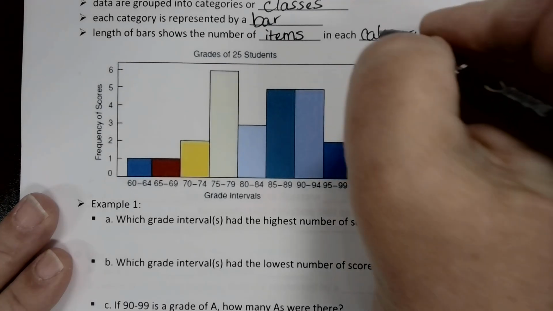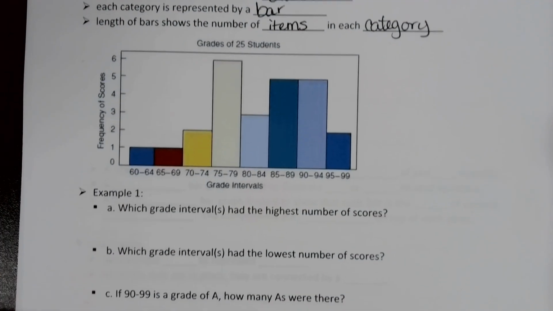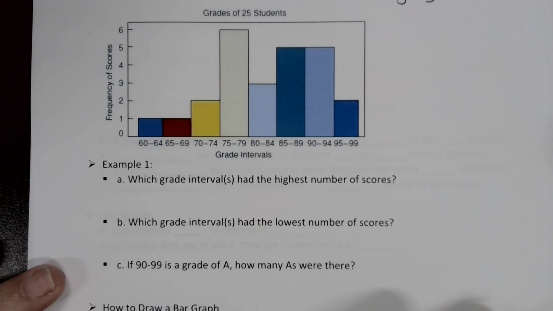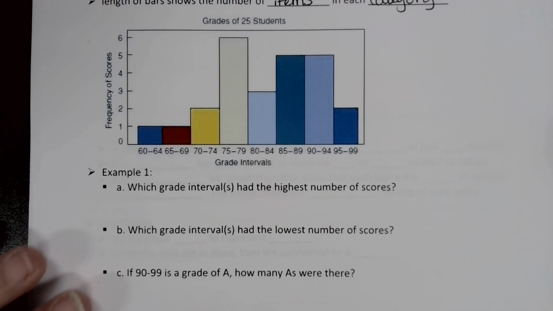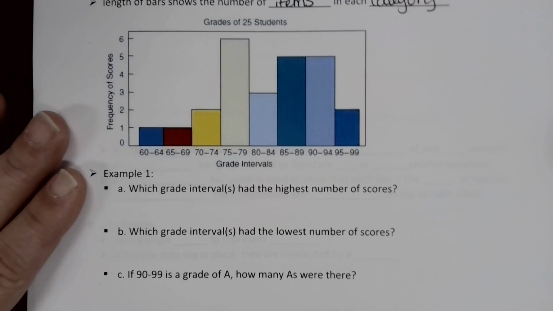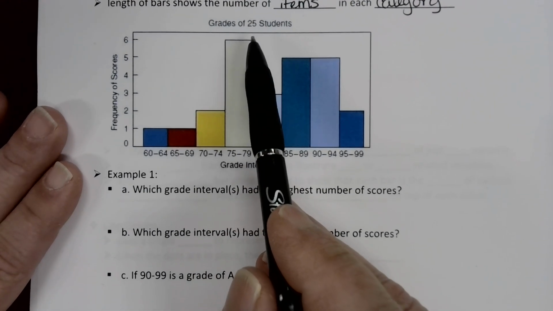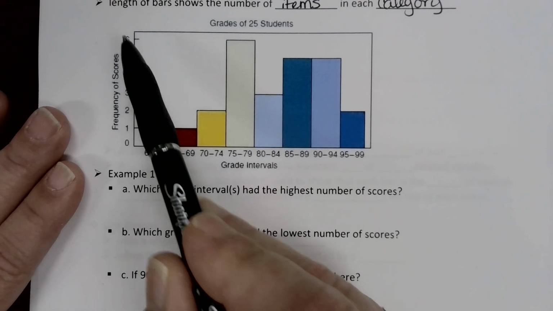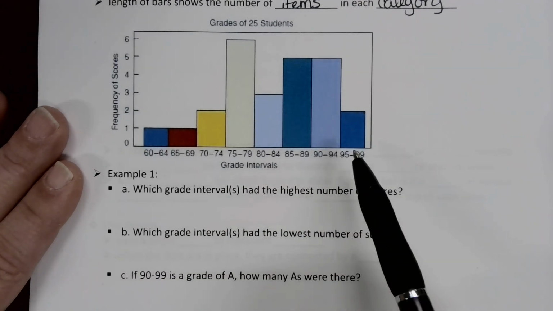All right. So this next part, this example, is about reading this bar graph. It says, which grade intervals had the highest number of scores? Well, let's just look. We've got grades of 25 students, frequency of their scores, and grade intervals.